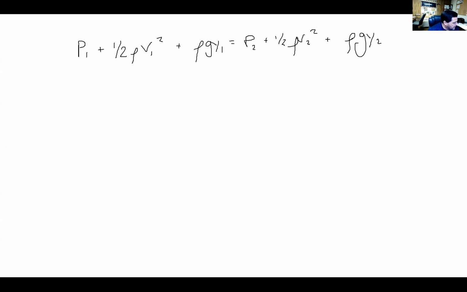We are given in the basement that the pressure is 3 atmospheres, but we need to use newtons per meter squared. We need to convert the 3 atmospheres to 3 times 10 to the 5th newton per meter squared.